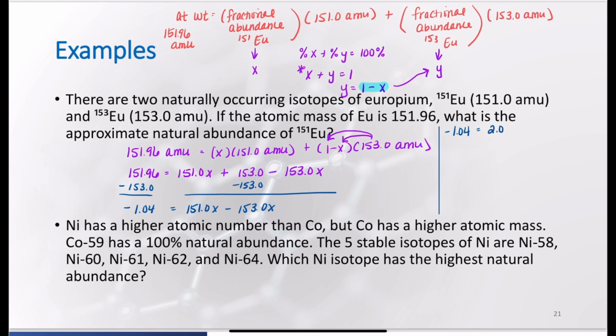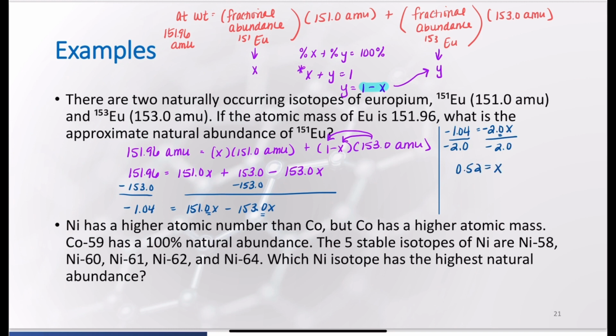That gives me negative 2.0x, again 0.0, because it's precise to the tenths place. This is precise to the tenth, like TENTH, or the first decimal. Negative 2x. I'm going to solve for x by dividing both sides by negative 2.0. And what I get is 0.52 is equal to x.